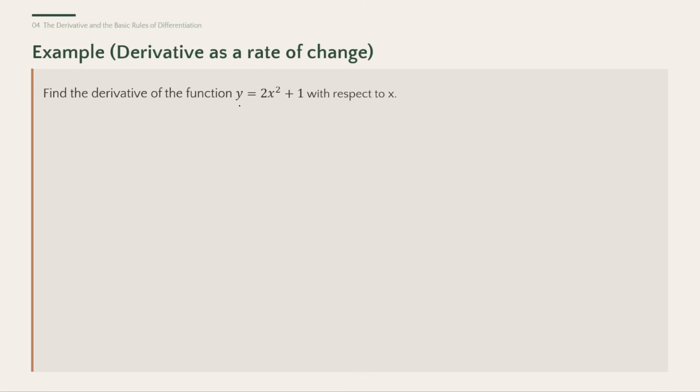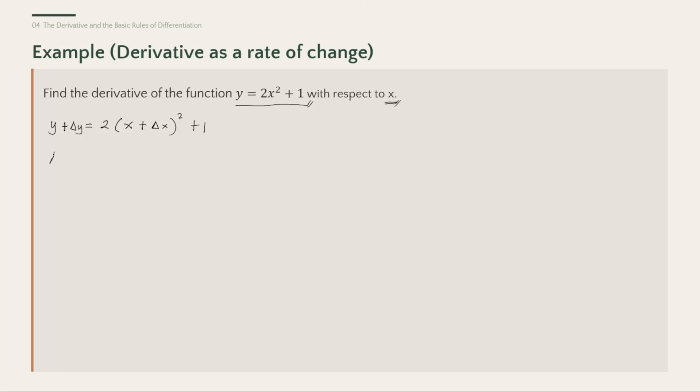Now let's apply this concept in some example here. Okay, we are asked to find the derivative of 2x squared plus 1 with respect to x. So using the derivative as a rate of change, if x changes by a certain amount, we represent that as delta x. The 1 is a constant, so it will not be affected, still 1. That change in x will correspond to a change in y.